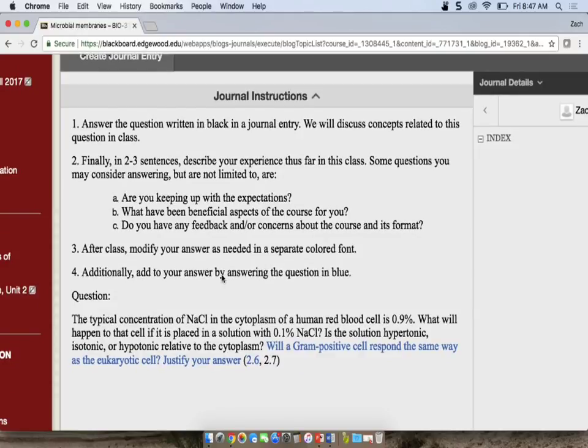The typical concentration of NaCl in the cytoplasm of a human red blood cell is 0.9%. What will happen if it's placed in a solution of 0.1% NaCl? Is the solution hypertonic, hypotonic, or isotonic relative to the cytoplasm? Answer that one. The part that's in blue there, I'm going to have you answer after class on Wednesday. So I'll just have you go back and add that little bit to it, and that's the full credit.